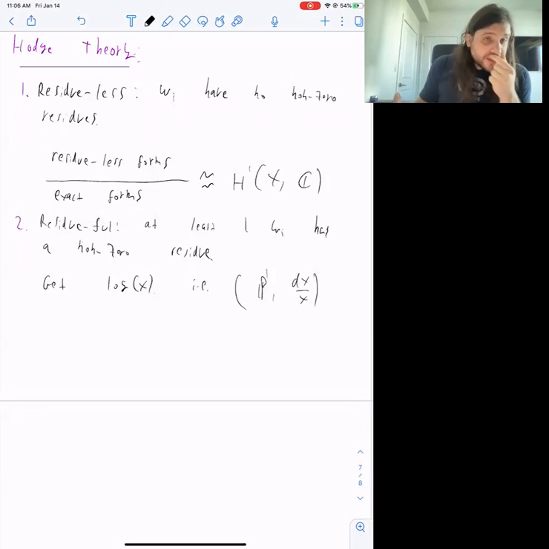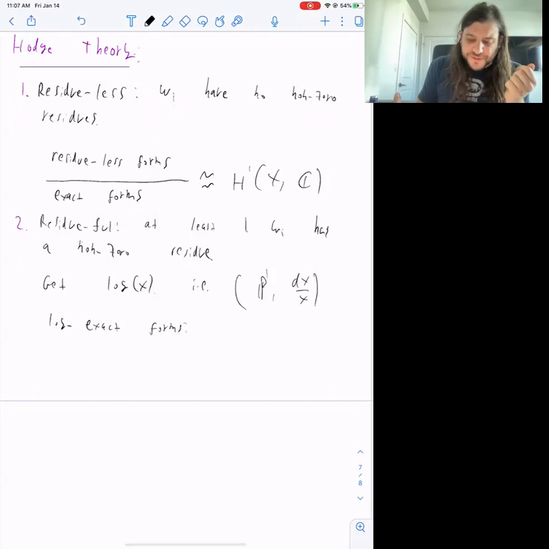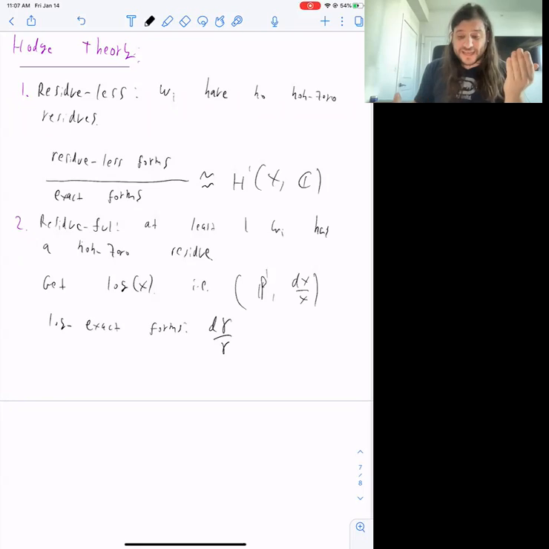And now you care not only about exact forms, but you also, for free, get all log exact forms. Log exact forms are things of the form not d gamma, but d gamma over gamma, i.e. d log gamma.